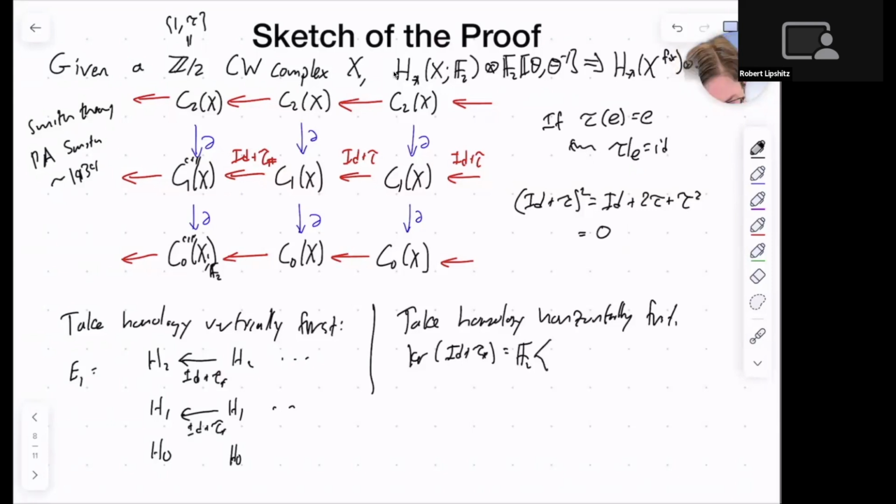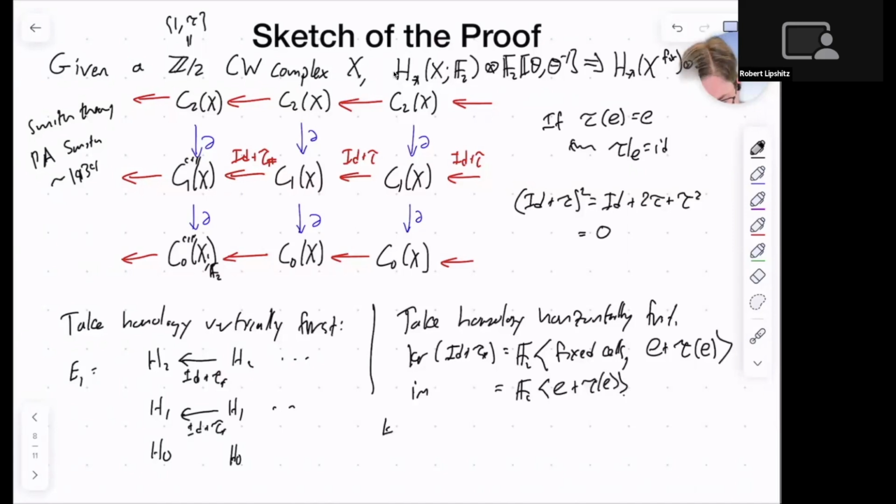It's generated by the fixed cells, because if tau of E is E, then id plus tau of E is 0, working mod 2, and by cells of the form E plus tau of E, where E is not fixed. And the image is generated by these E plus tau of E's.